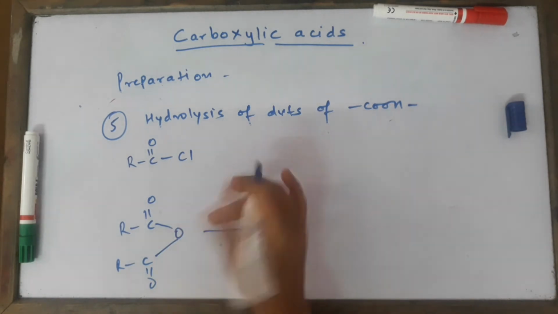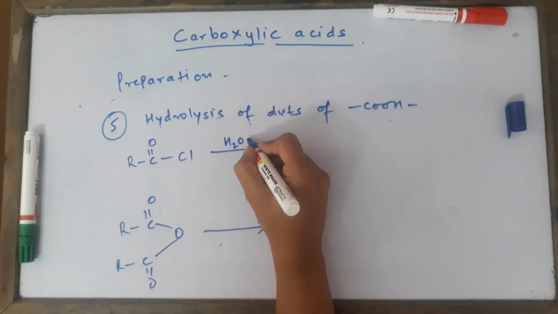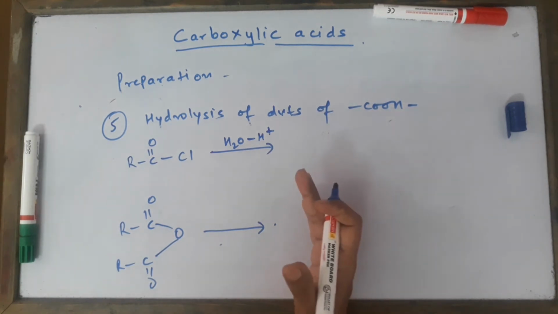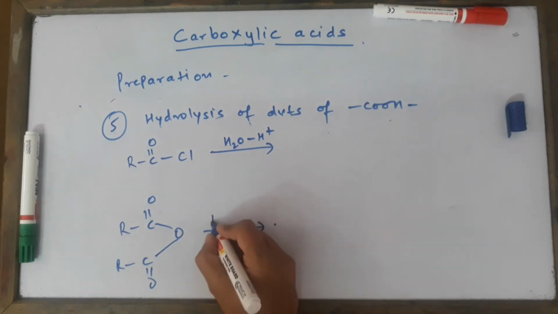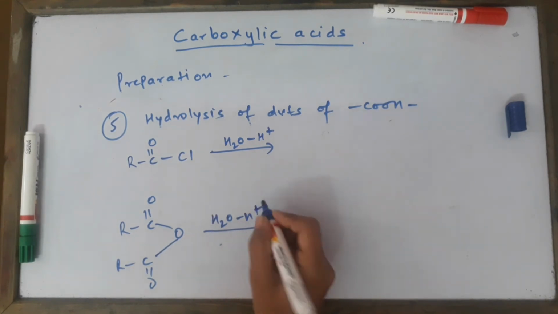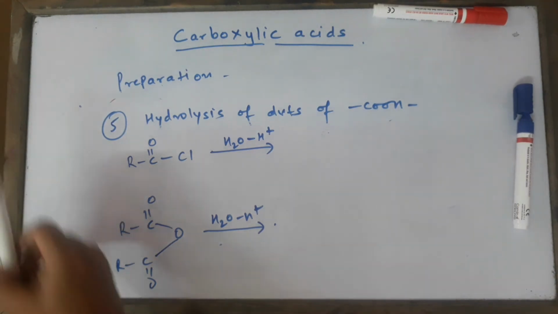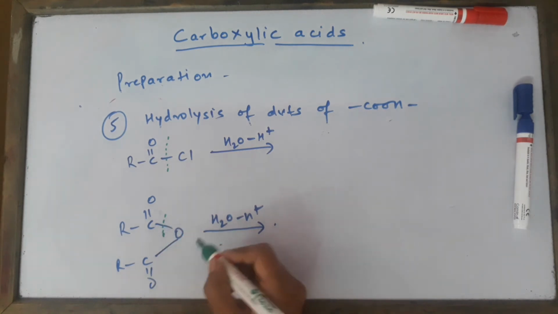Now we are going to take these compounds and just do addition of water in presence of acid or alkali. As I told you, if you take alkali, you will get a salt. So we will do acidic hydrolysis, H2O/H+. How simple is this? So we are going to just break the bond, any bond you can break.